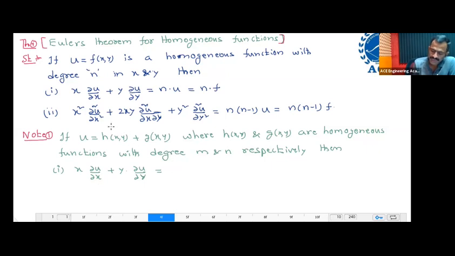First we write the result corresponding to the h function, next the same result corresponding to g, and then we add both. Corresponding to h function, m into h. Next corresponding to g, n into g.